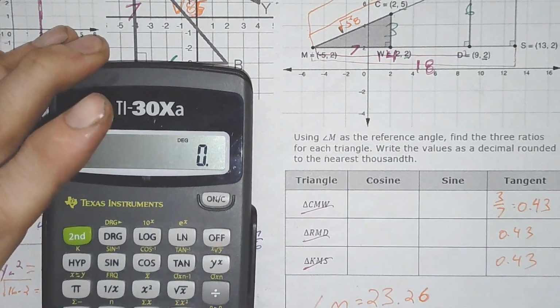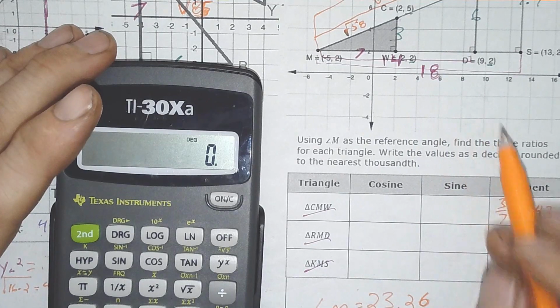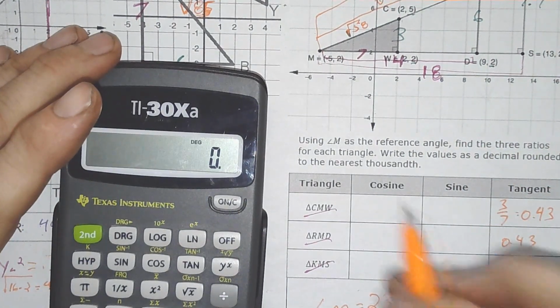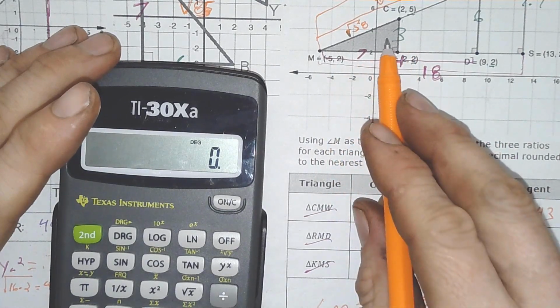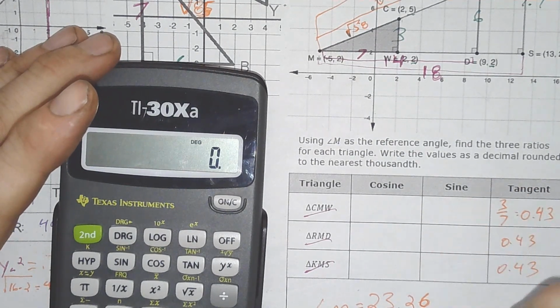Okay, if I want to know the sine, if I say the sine of theta equals opposite over hypotenuse, right?